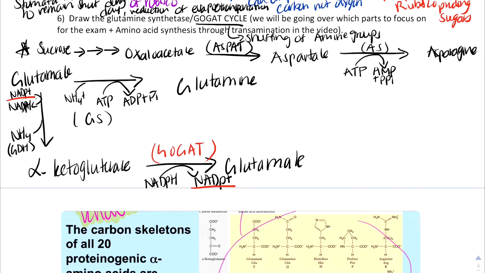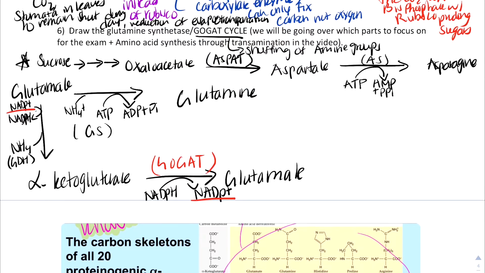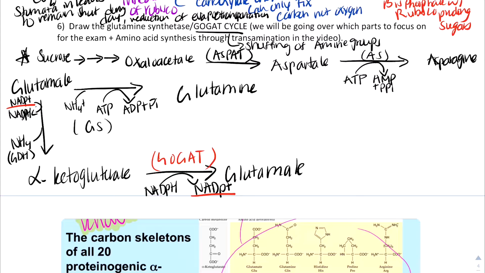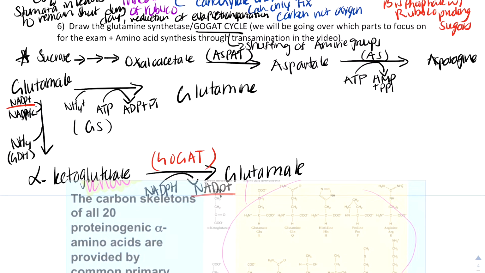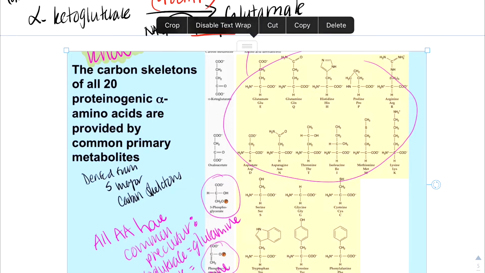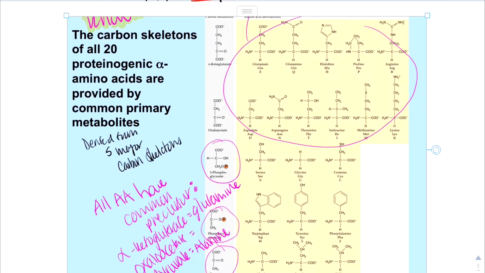Okay, so familiarize yourself with this pathway. I know it can seem a little overwhelming, but once you break it down like this, it makes a lot more sense. Another thing I wanted to go into is it's really important to know how these amino acids and structures are related to one another.